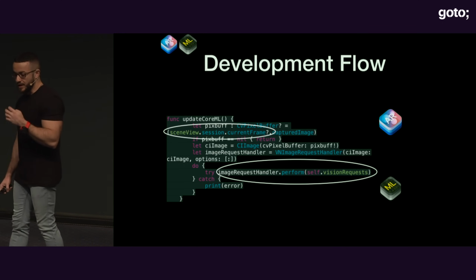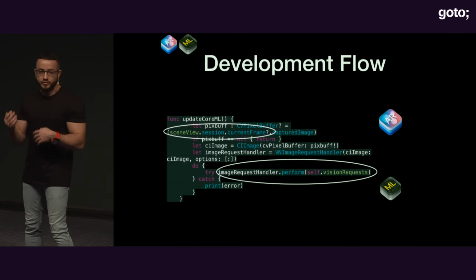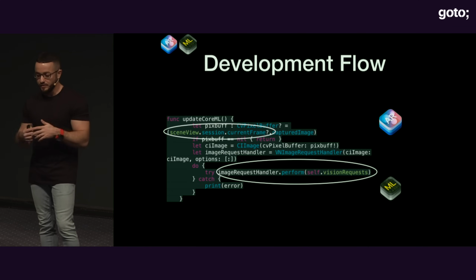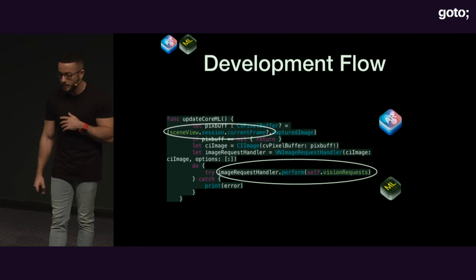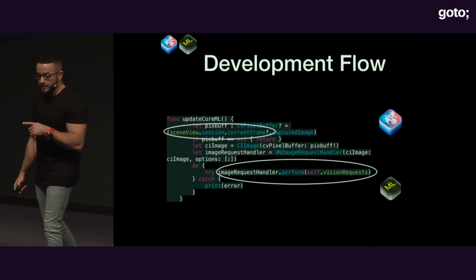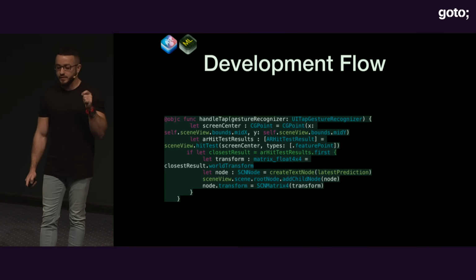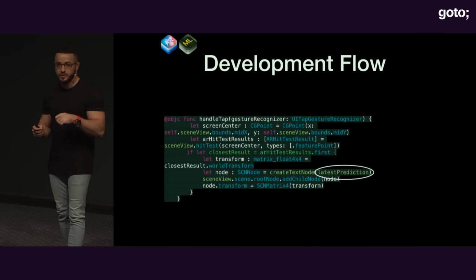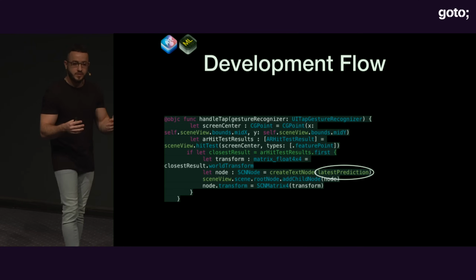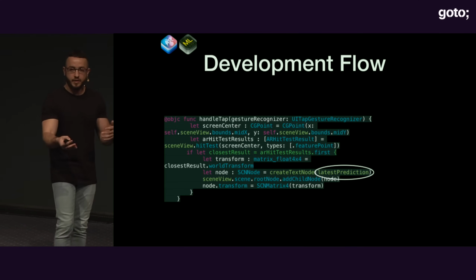This update CoreML function, I want to perform it, let's say, 30 times a second, or 60 times, depending on the performance that I want to achieve. This means that CoreML will continuously update a variable called latest prediction. So latest prediction is a variable that's always up to date with what's the object behind the camera now.